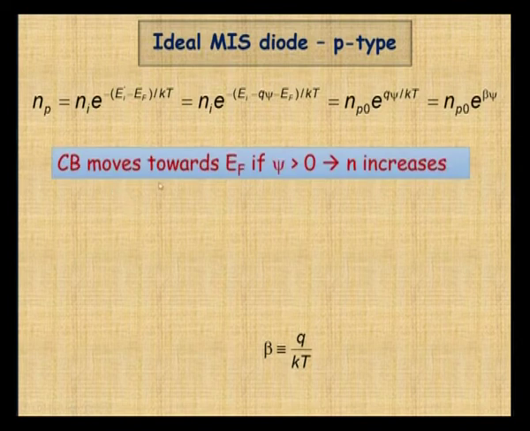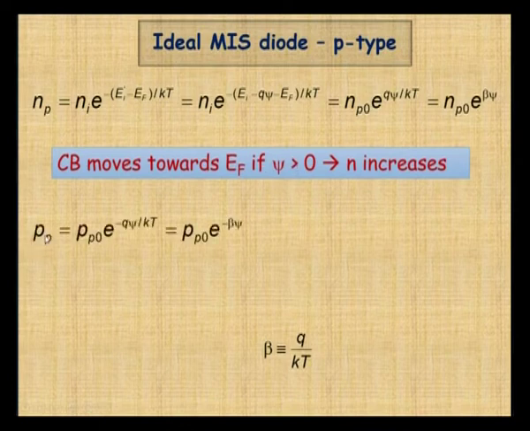As the conduction band moves toward EF, if psi is greater than 0, n increases. So the electrons will increase as the conduction band moves towards the Fermi energy level when psi is greater than 0. This is the condition for a p type, and the formula is Pp equal to Pp naught e to the power of minus q psi divided by kT, that is P naught e to the power of minus beta psi.